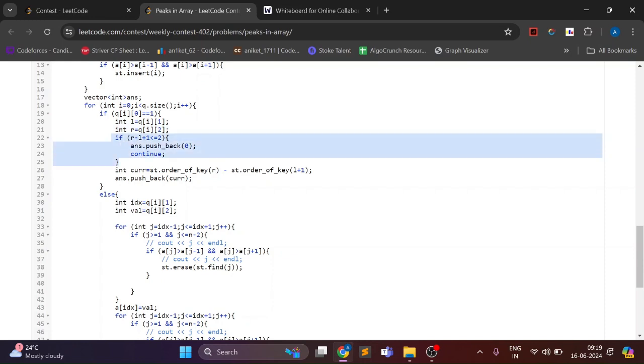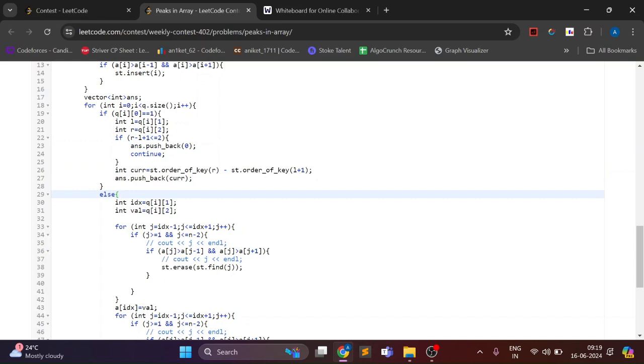If the size of the subarray itself is 2, then I will just push back 0, because in a subarray of size 2, there is no middle element which has a previous element and next element present. And if it is greater than 2, I will find the number of elements which are less than r and subtract from it the number of elements which are less than l plus 1, and finally push the answer.